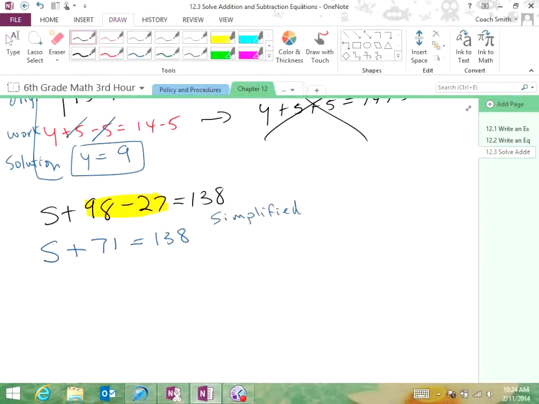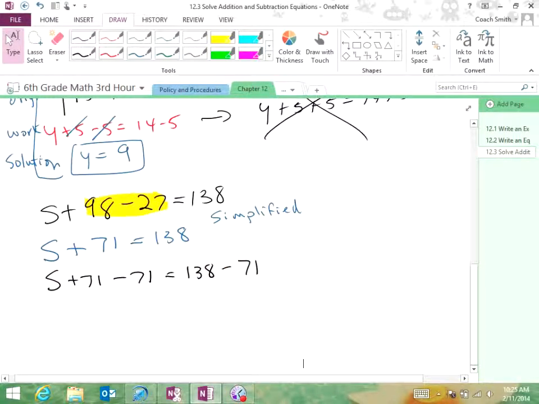Okay, so that means I have S plus 71. The inverse of adding 71 is subtracting 71, equals 138 minus 71. These two cancel, leaving me with S is equal to what? 67.